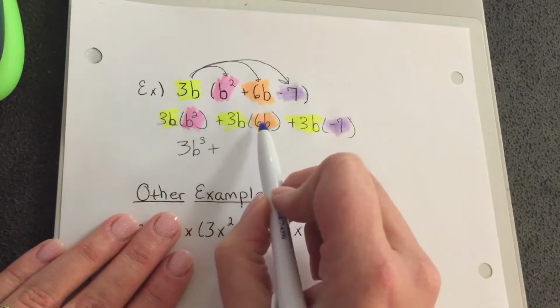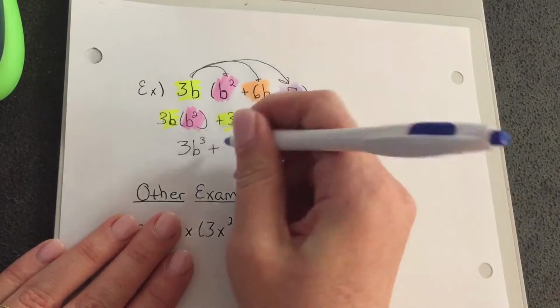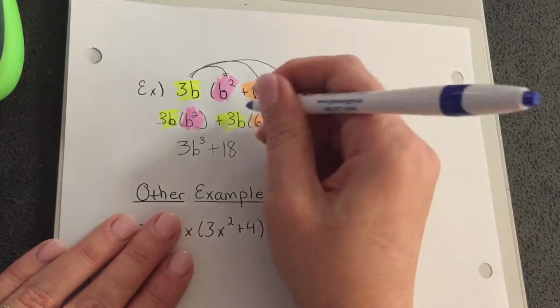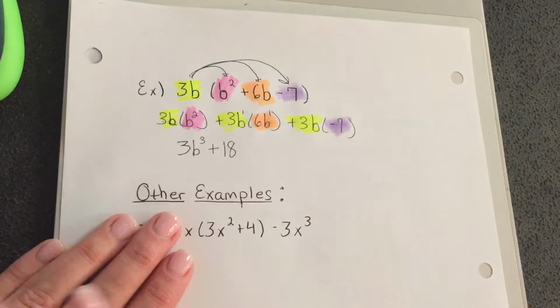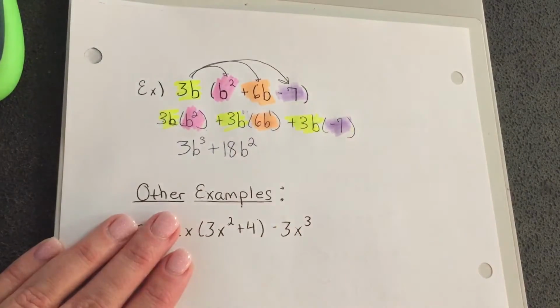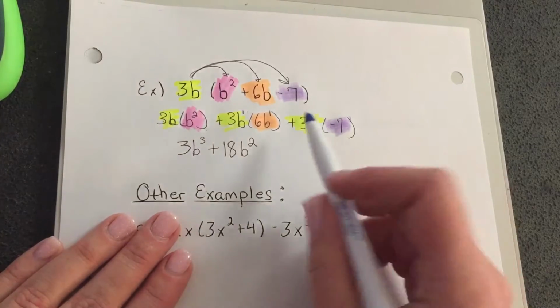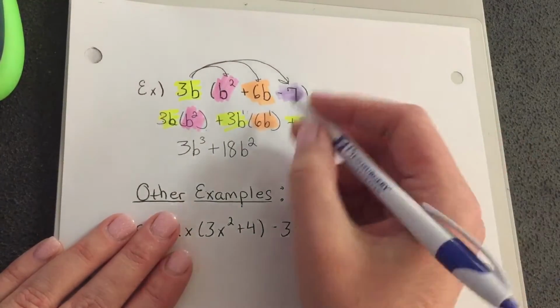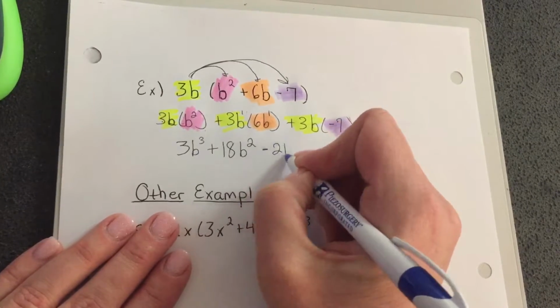Plus 6 times 3 is 18. This b has an exponent of 1, and that has an exponent of 1. So that gives me a b squared. And then you have 3 times negative 7, which is going to give us a negative 21, and we just bring down the b.